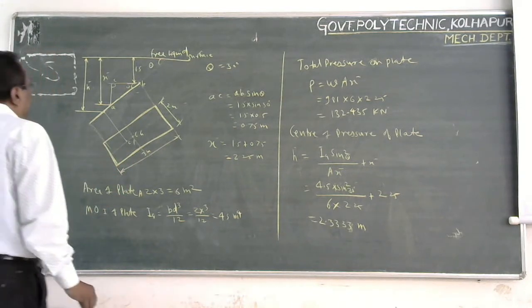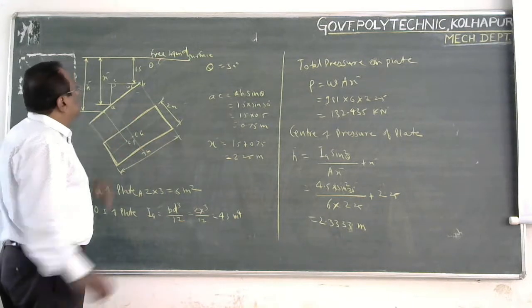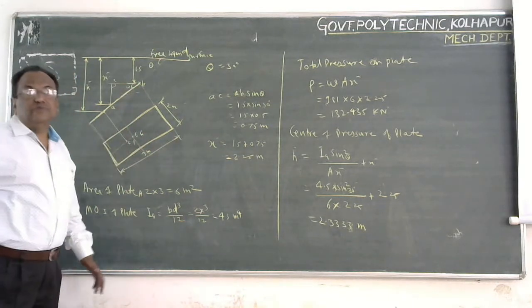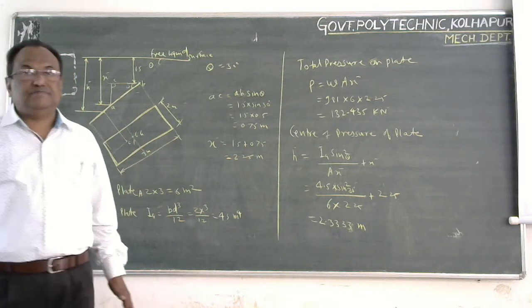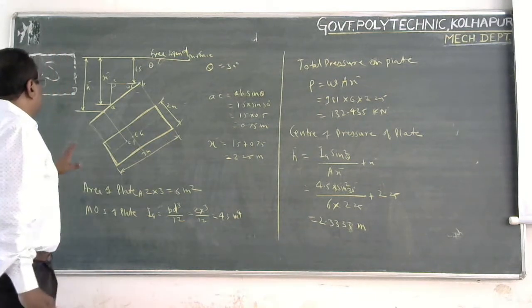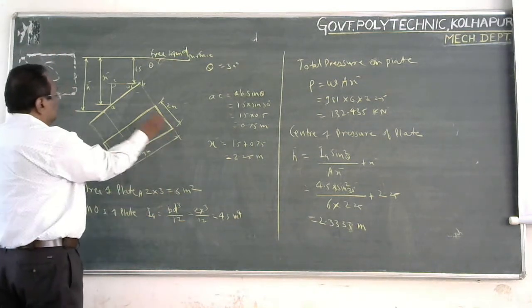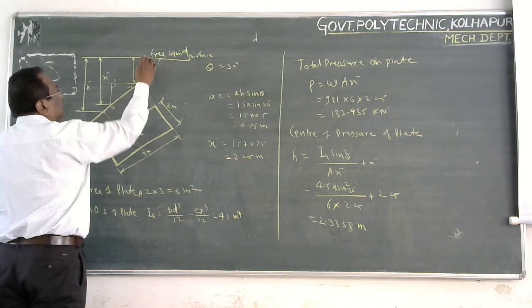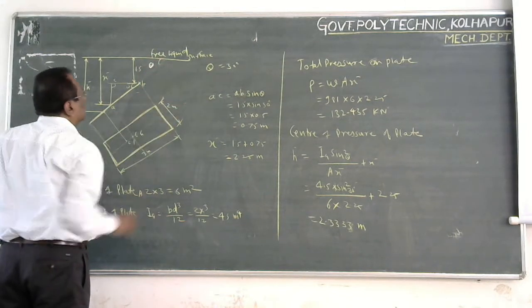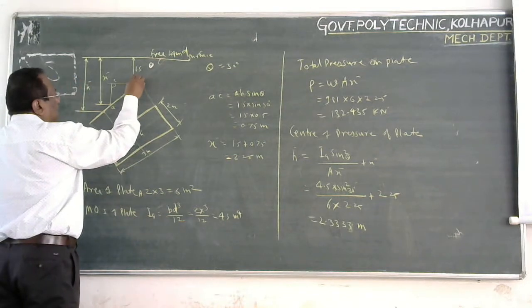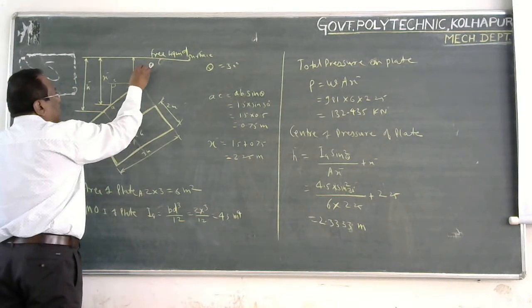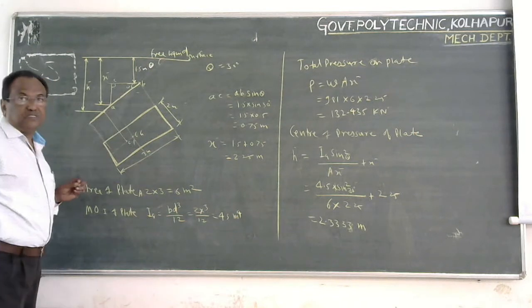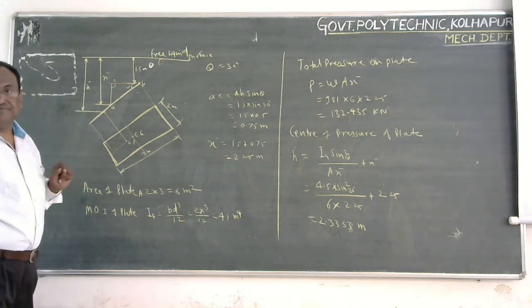It is also given that the upper edge of the plate is 1.5 meters from the free liquid surface. Accordingly, we have drawn the figure. The angle made by the plate with the free liquid surface is theta, that is 30 degrees. The upper edge of the plate is 1.5 meters from the free liquid surface. That also we have drawn here.